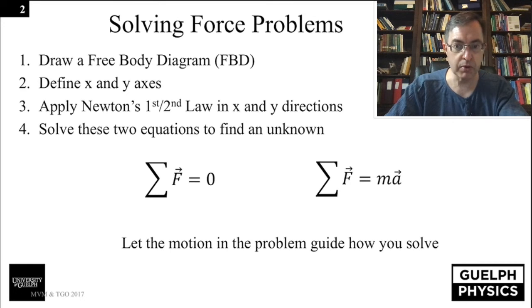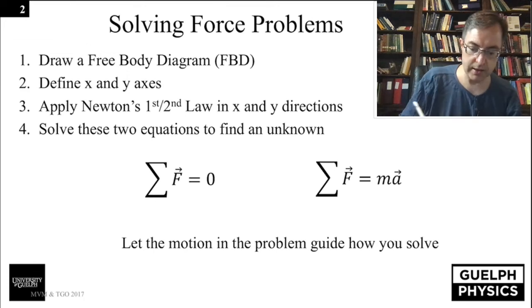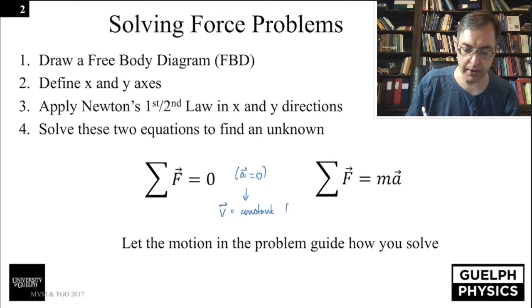So for example, we'll look at two different situations. The first case is where the net force in a particular direction is 0, and that is to say that the acceleration here is 0, and that would imply that the velocity is a constant. Okay, so if the velocity is a constant, we'll call that a dynamic equilibrium.